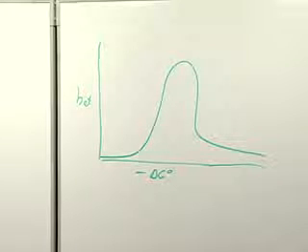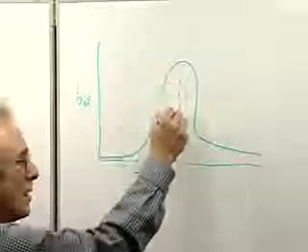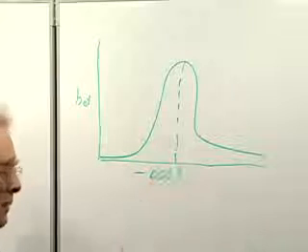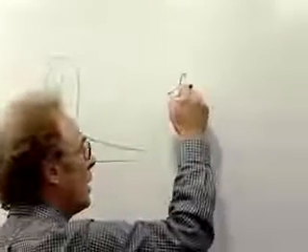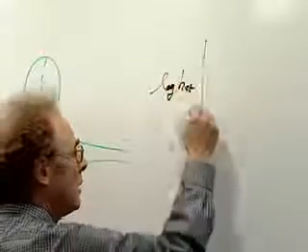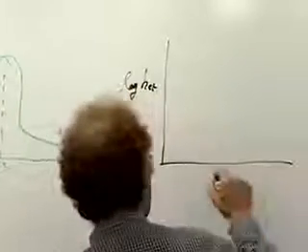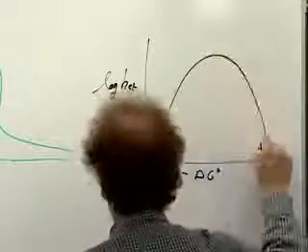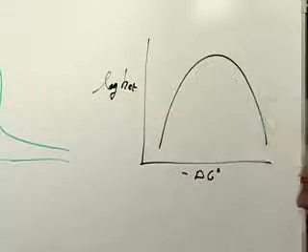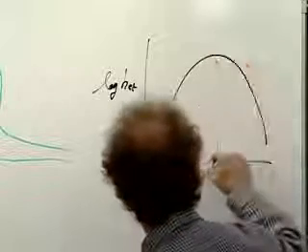And the Gaussian is going to have a peak at lambda. The more common way people tend to plot it is they plot the log of KET versus minus delta G0. And then you have a parabolic relationship, again, with a peak at lambda.